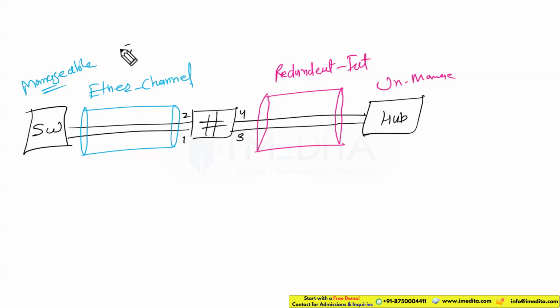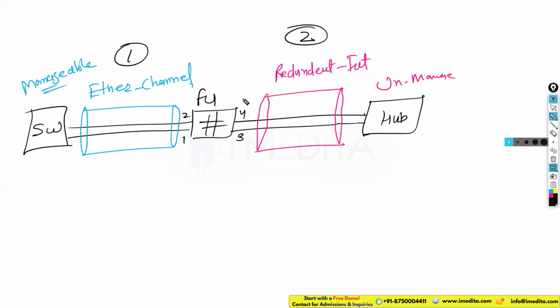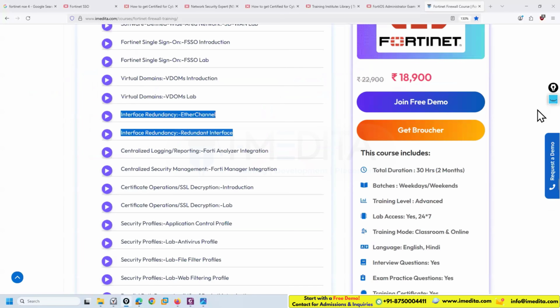So these two things we can configure on a FortiGate firewall to provide redundancy to interfaces: Ether channel when the other device is manageable, and redundant interface when the other device is unmanaged.